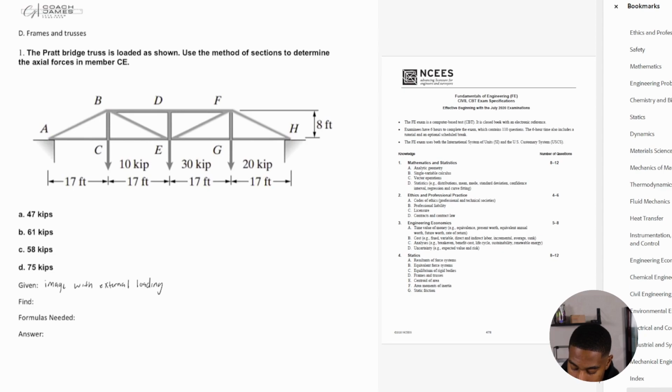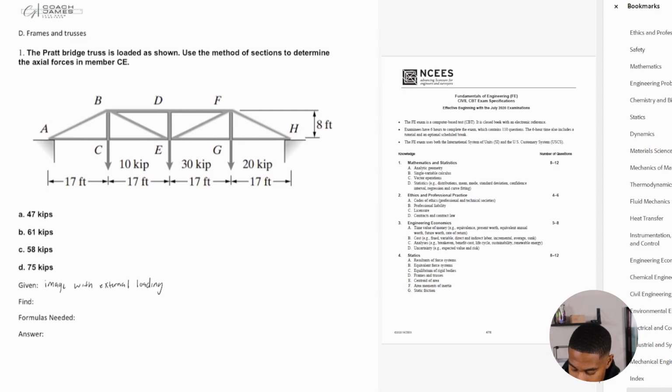It has a few loads that's pulling down on it, which is strange to me, but 10 kip, 30 kip, and 20 kip. And the frame looks somewhat, well, not really symmetrical because there's different forces. So these are the things that I'm just kind of noticing from the beginning.